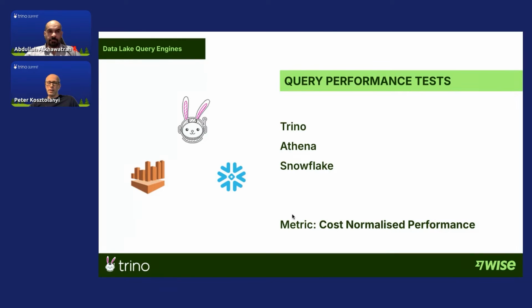We came up with a metric that we called cost normalized performance. That basically means what a certain technology gives us if we give the same amount of money to each. And we ran certain tests using our own query patterns and trends.